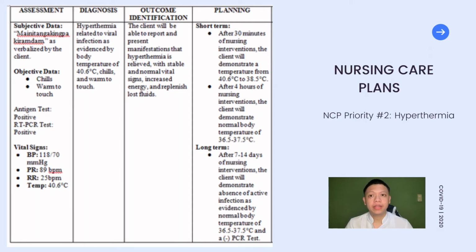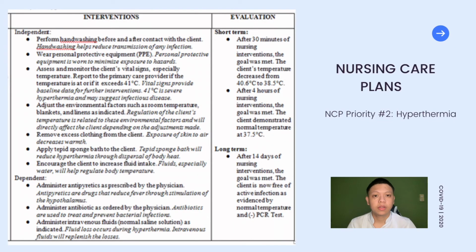For the long-term plan, after 7 to 14 days of nursing interventions, the client will demonstrate absence of active infections as evidenced by normal body temperature of 36.5 to 37.5 degrees Celsius and a negative result from the PCR test.